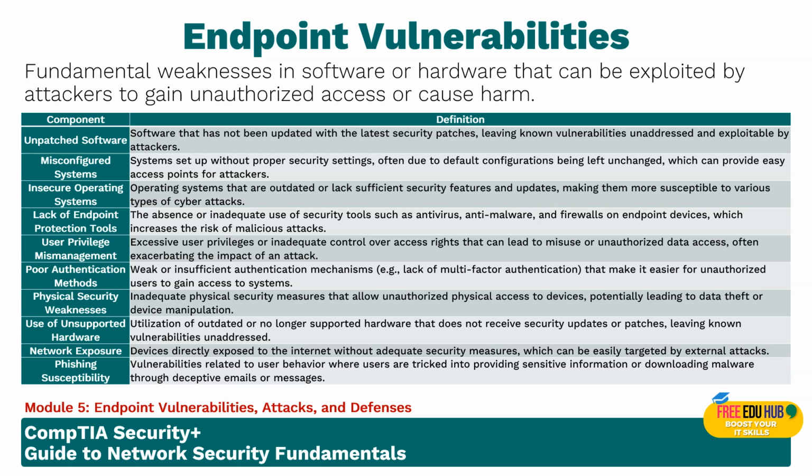Then we have network exposure: devices directly exposed to the internet without adequate security measures, which can easily be targeted by external attackers. So if we have certain servers which are facing the external world, like the internet, and you're running services like web servers or your Exchange servers, which are used to exchange emails, you need to allow only those ports which are required for those services.